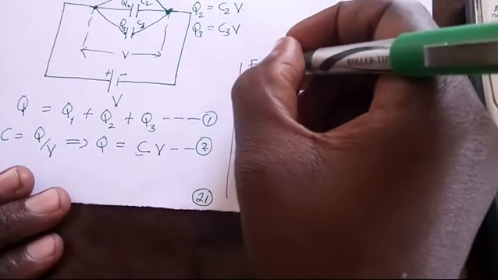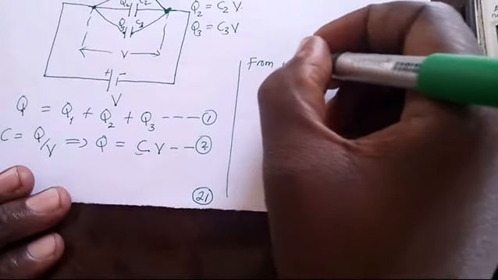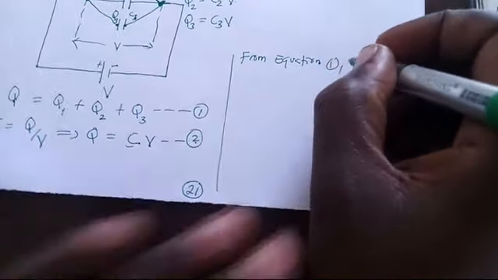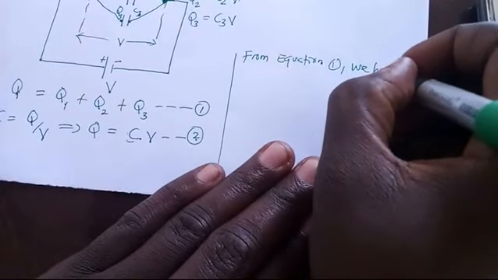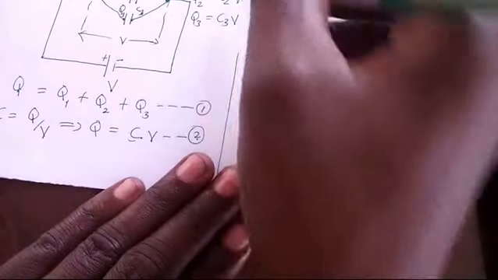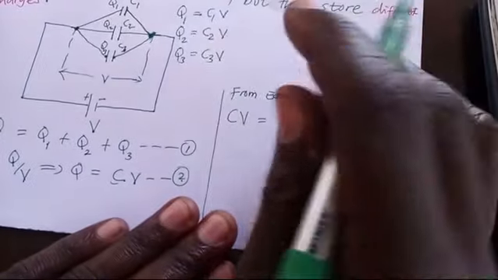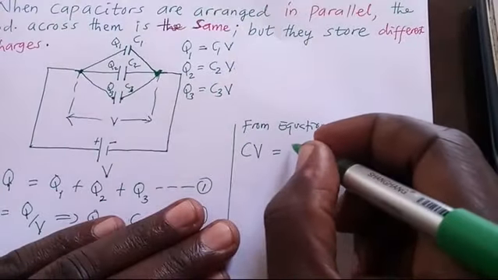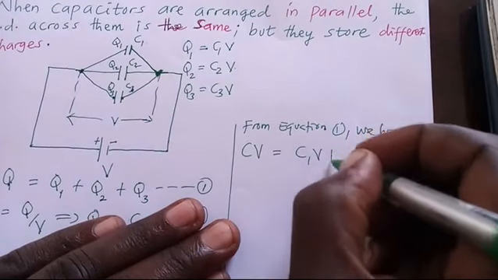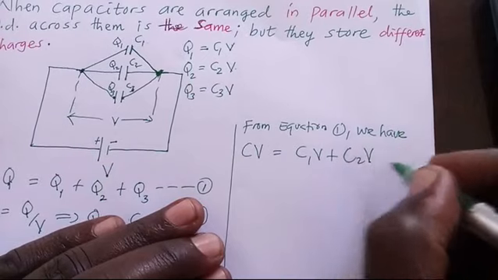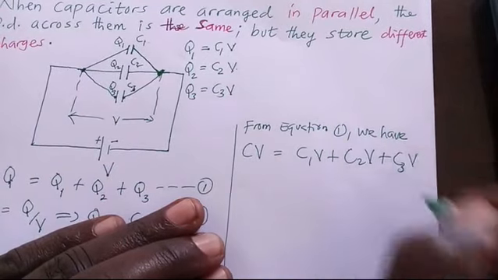From equation 1, we have instead of Q here, CV is equal to, instead of Q1, C1V, instead of Q2, C2V, instead of Q3, C3V.